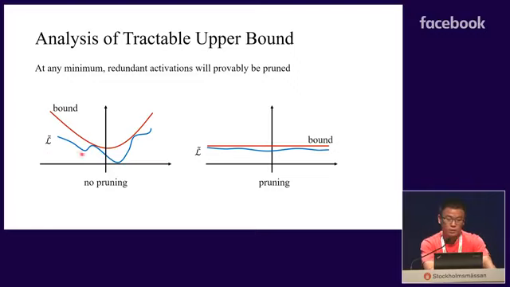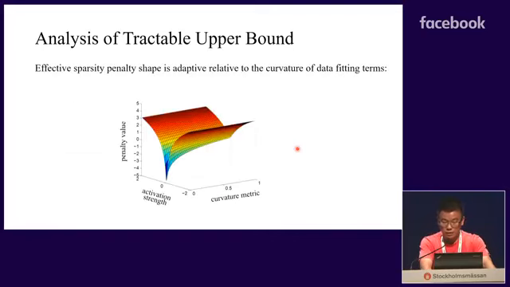This is one direction that is a useful dimension, so there's no pruning. And there are some directions, if the network is over-parameterized, where the objective function may look like this, and the bound is flat, and we can prove that such a dimension can be pruned in our model.